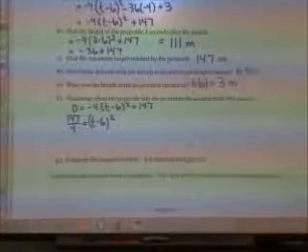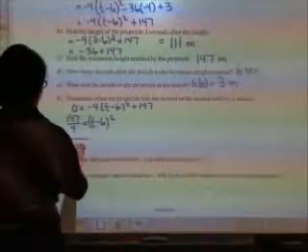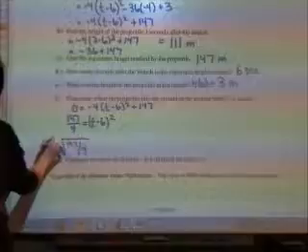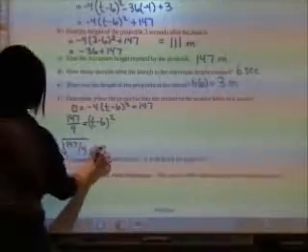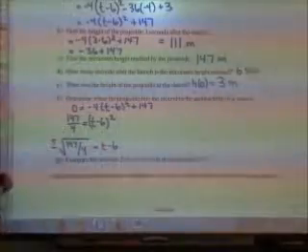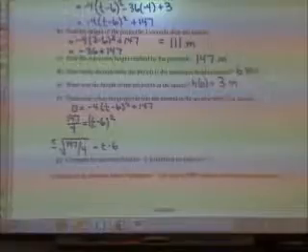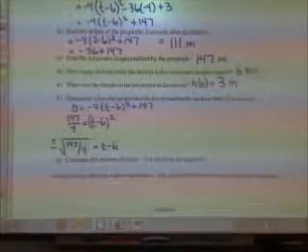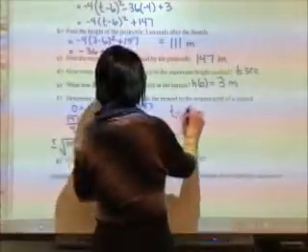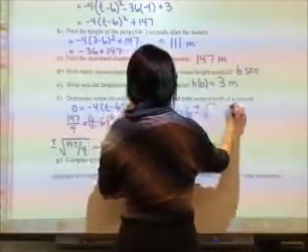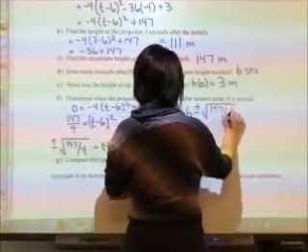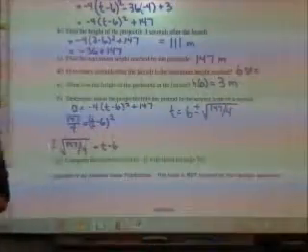Then what would you do? And I could get the plus or minus. And then to get t by itself, I would add 6. So t would equal 6 plus or minus the square root of 147 over 4.